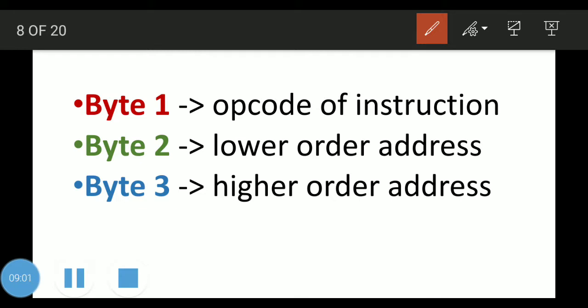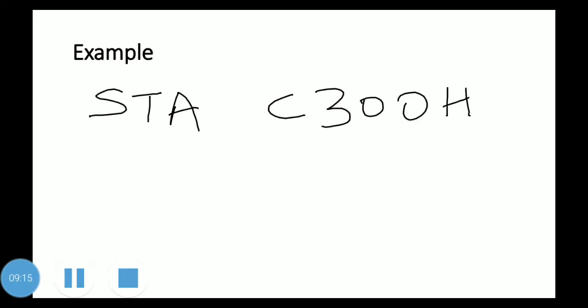To understand this more clearly, let us consider one example. Here one instruction is specified, that is STA C300H.